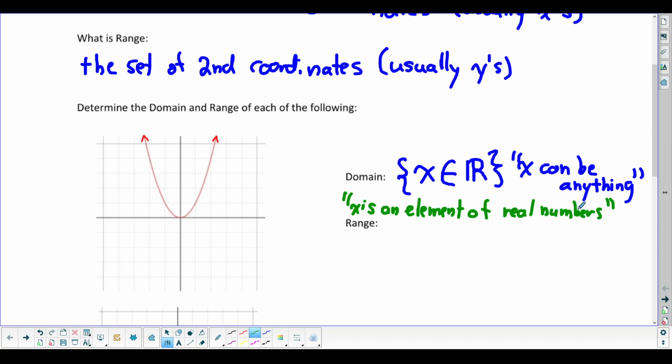Sometimes we would also say x is an element of the reals. Real numbers are any number that we know of. So positives, negatives, 0, decimals, rational numbers, numbers that can be written as fractions, and irrational numbers like pi that cannot be written as a fraction. All of those things are real numbers.